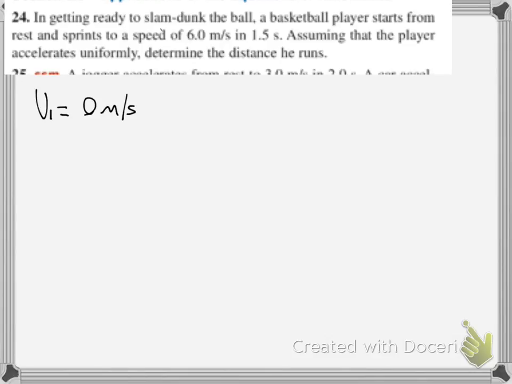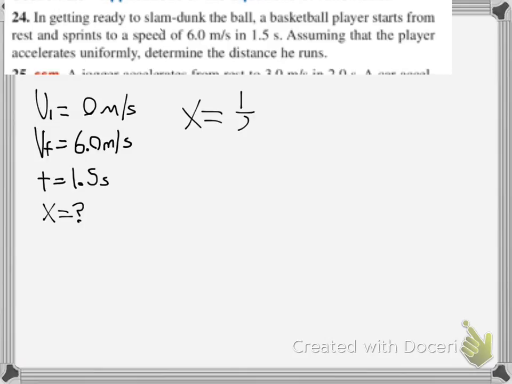So we start off by writing the initial velocity, which is 0 meters per second, because it tells us that he starts from rest. His final speed is 6 meters per second, and the time given is 1.5 seconds. Since we're trying to solve for x, and we have our initial velocity, our final velocity, and our time, we can use the equation that our displacement is equal to 1/2 of our initial velocity plus our final velocity times our time.